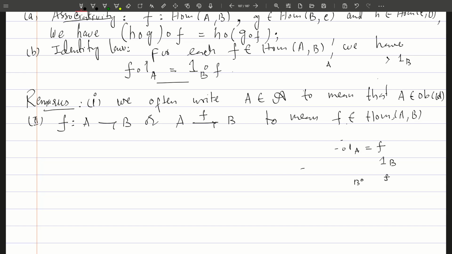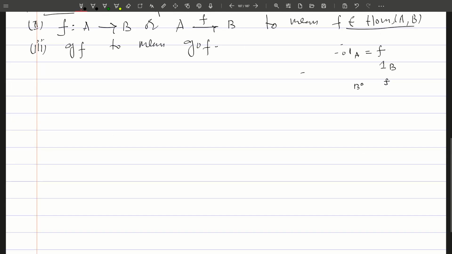Either you write F is in the set, or you draw these arrows like this. And the third item is that we often write GF to mean G composed with F. As a shorthand we write this notation here.